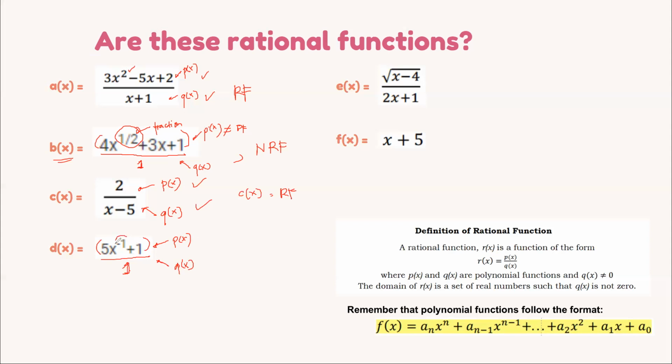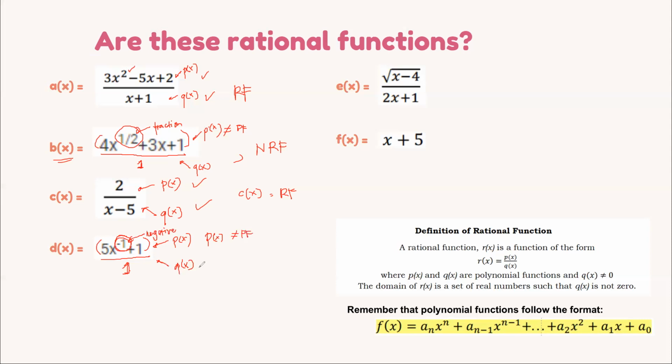No, because one of the exponents in this number is a negative number. Recall that polynomial functions should not have a negative exponent or a fraction as an exponent. So P of x is not a polynomial function.